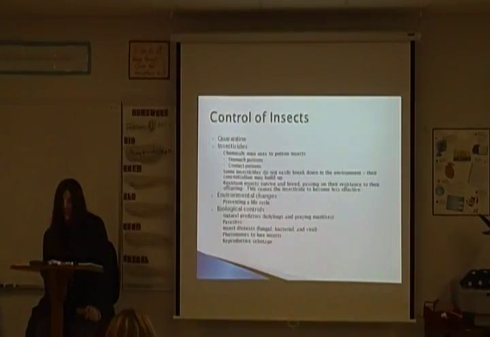Then know the stages of incomplete metamorphosis. Incomplete metamorphosis are the egg, nymph, adult, and then what a nymph is. A nymph is what hatches from the egg and looks like a miniature adult. And then under complete metamorphosis, you just need to know that it is controlled by hormones.